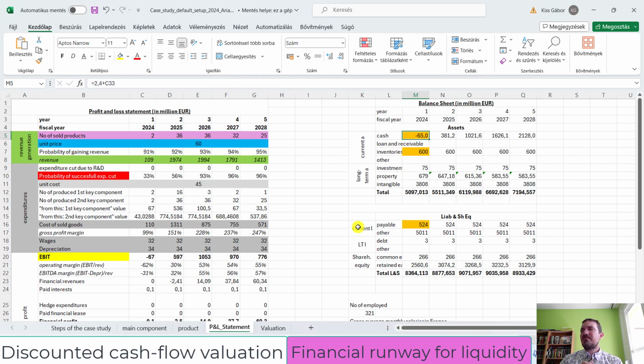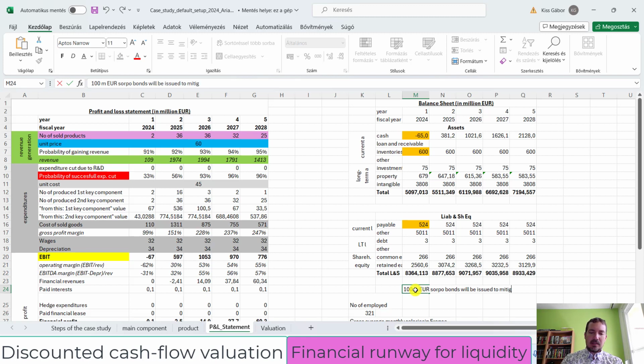Let's issue 100 government corporate bonds, which will be issued to mitigate risks and losses.